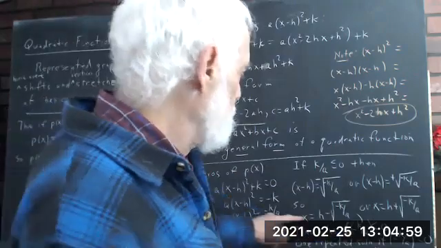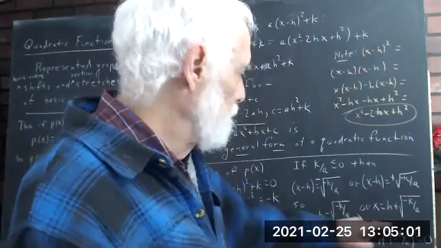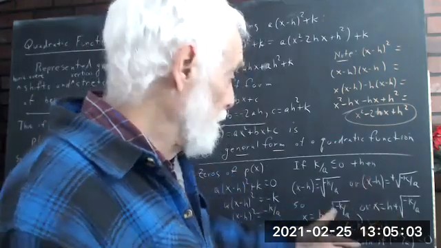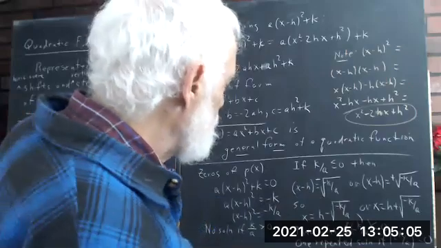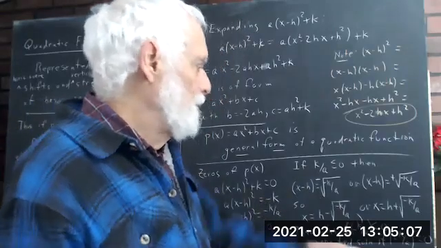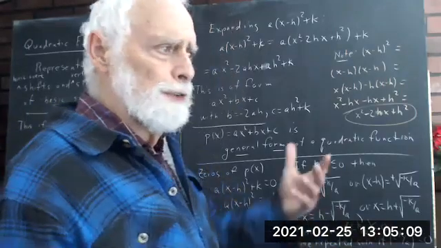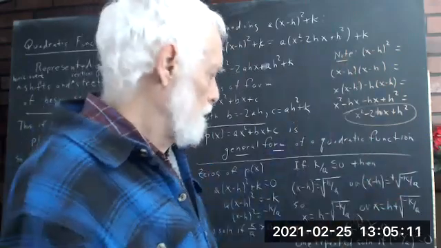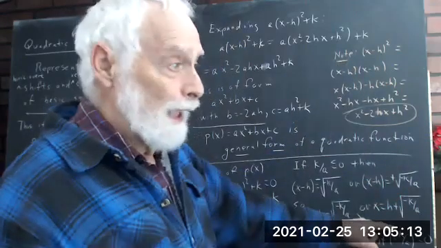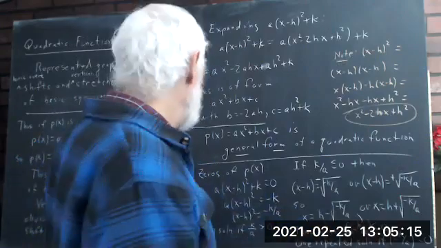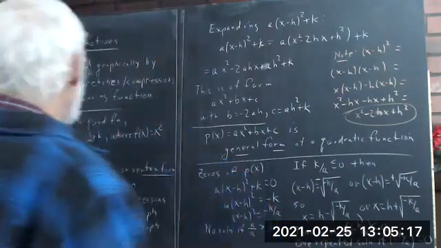And that solution is repeated. Both of these solutions become the same. Now, what do we mean if negative k over a equals 0? Well, that means that k has to equal 0.